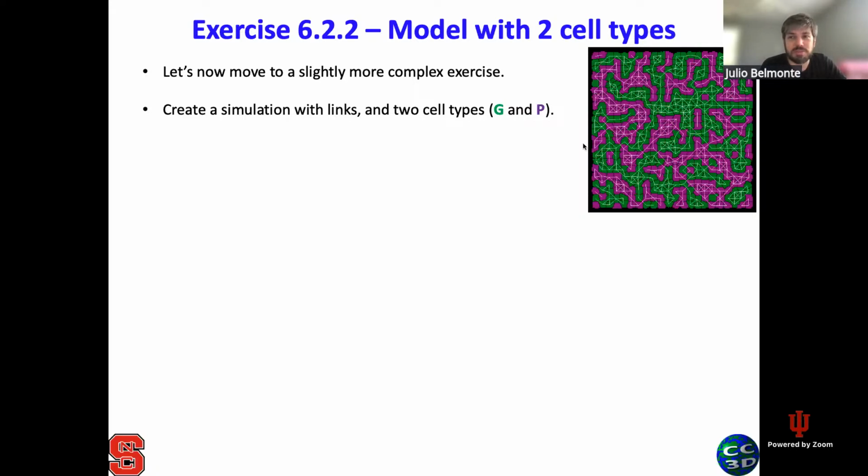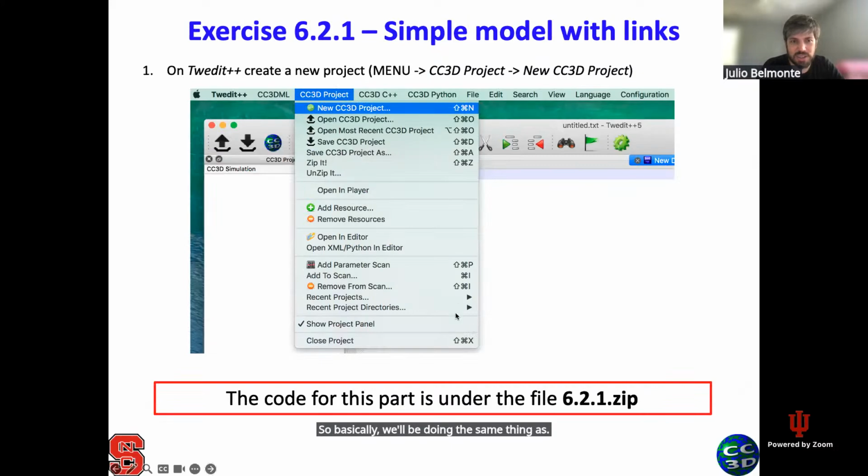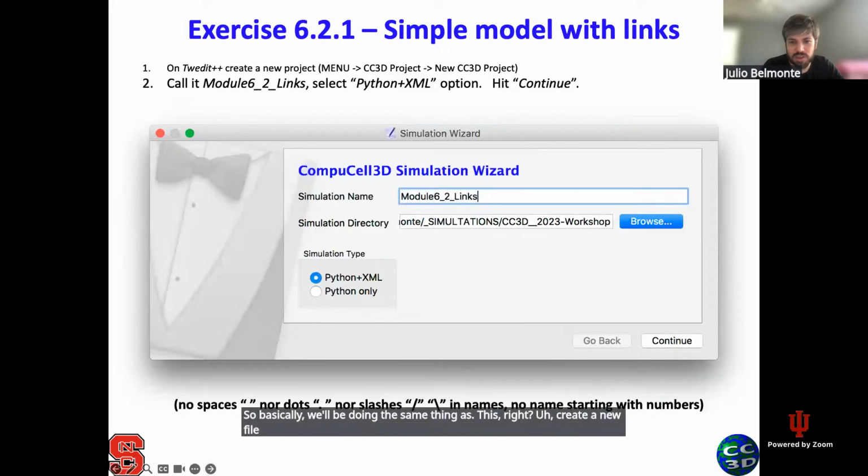Yes, you need volume. So leave the cell volume, the cell contact, and the neighbor tracker. Don't forget to select focal point plasticity in your wizard. Basically we'll be doing the same thing as before. Create a new file, and we're going to give it a different name.